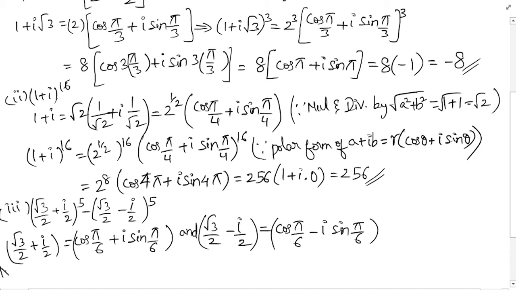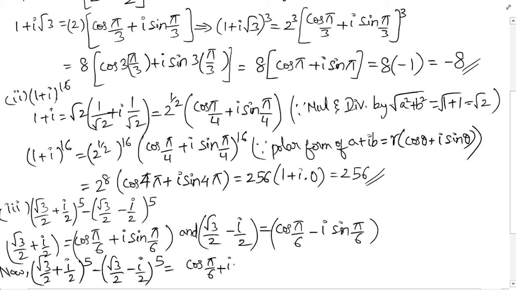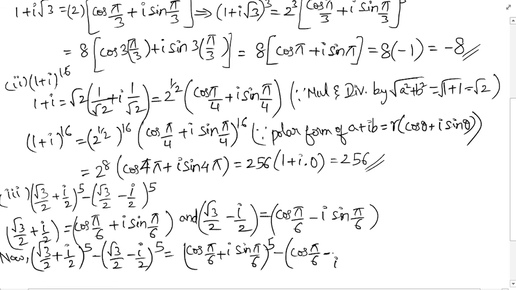Okay, so now (root 3 by 2 plus i by 2) whole power 5 minus (root 3 by 2 minus i by 2) whole power 5 can be written as (cos pi by 6 plus i sin pi by 6) to the power 5 minus (cos of pi by 6 minus i sin pi by 6) to the power 5.